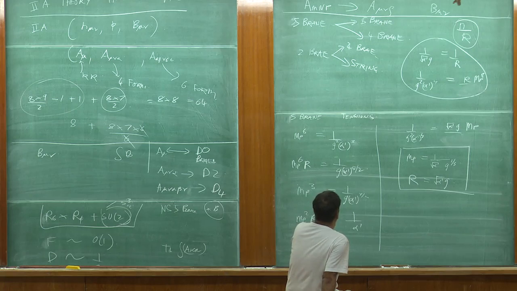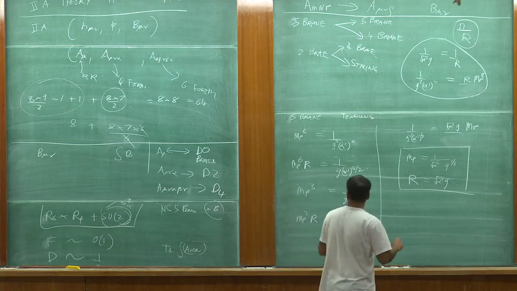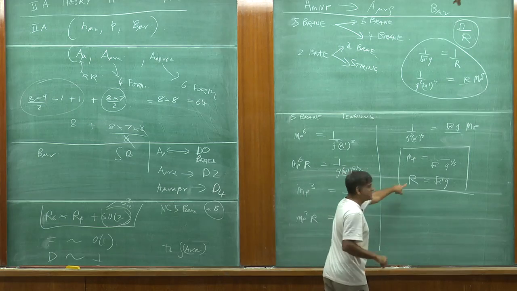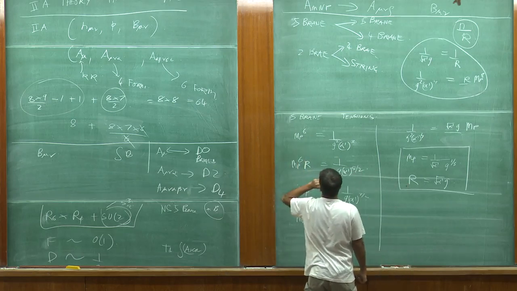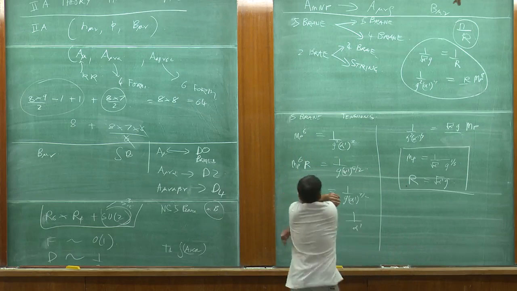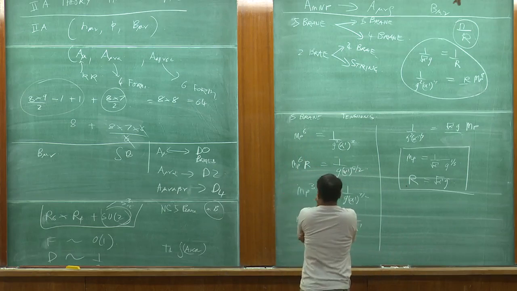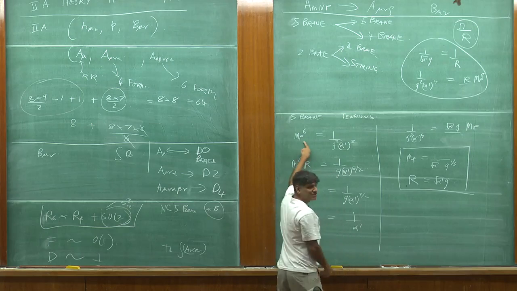Which one is matching? First two equations are matching. Last one is not matching. What have I done wrong? Okay, but let's look at what is matching and then we come to what's not.